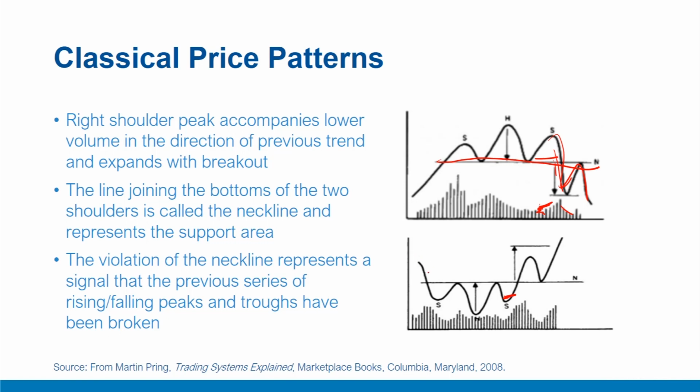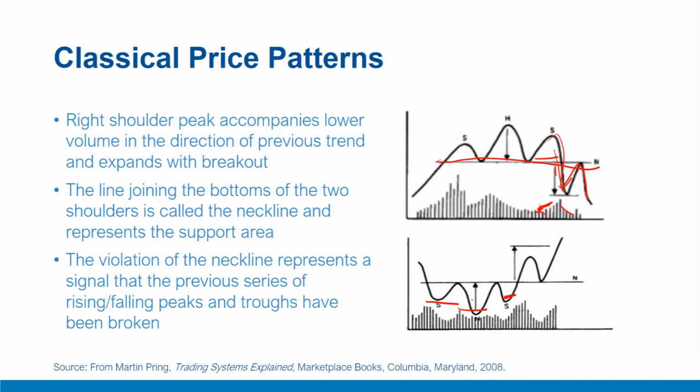The figure at the bottom is a classical reverse head and shoulders pattern. This shows a head and shoulders pattern at a market bottom. This is also called an inverse head and shoulders, a reverse head and shoulders, or a head and shoulders bottom.